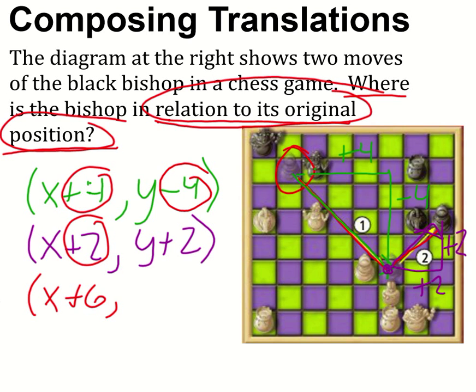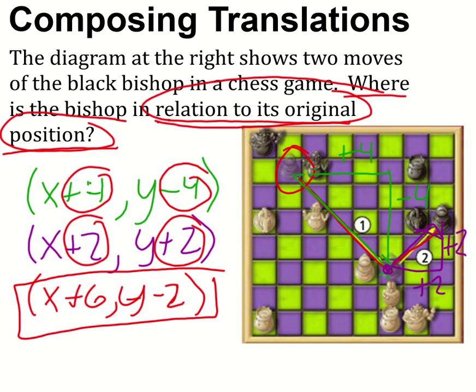Negative 4 plus 2 makes a negative 2. So in general, y is going down 2. That would be your composition, the position of the bishop in relation to where it originally started. From its beginning to its end point, it's going to go over 6, down 2.